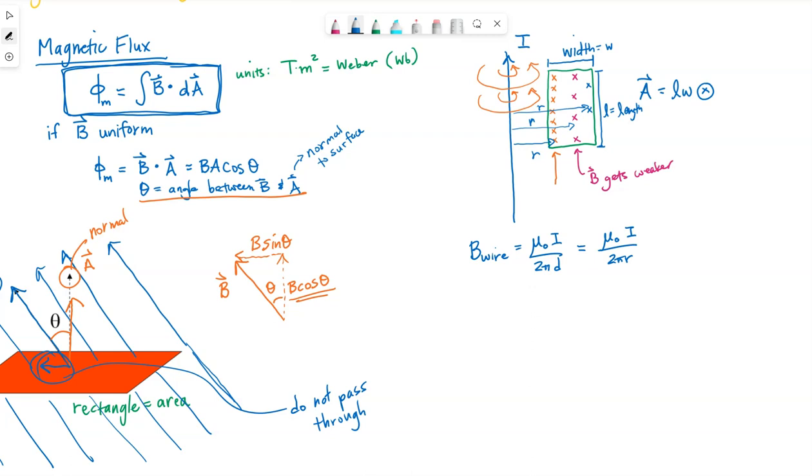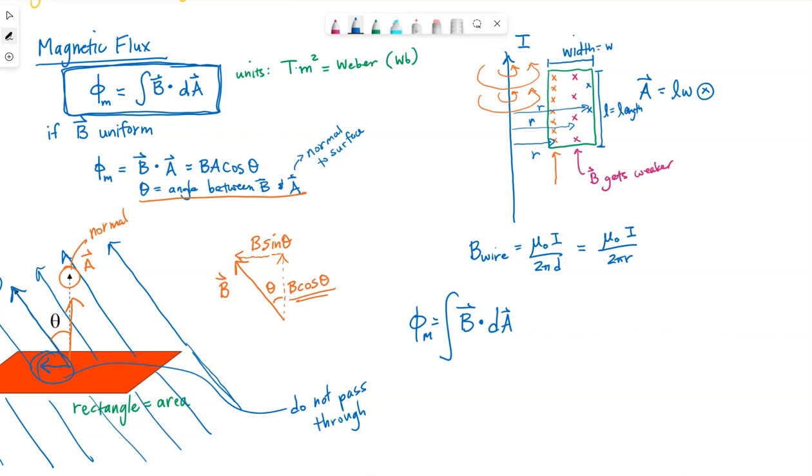We do need to integrate to find this magnetic flux. The magnetic flux will be the integral of B dotted with dA.